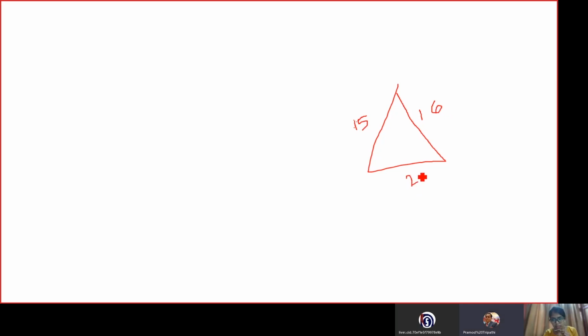So the perimeter of this triangle will be given by adding the three sides: 15 plus 16 plus 21. I hope this clears your doubt. The simple formula is the sum of all sides.